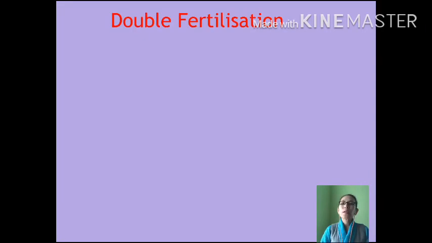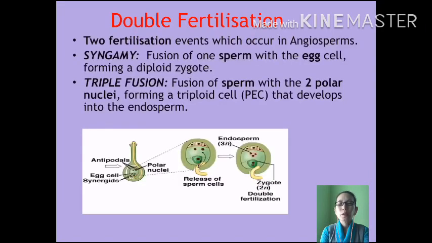All right, let us now look at the process of double fertilization in angiosperms. As we all know, fertilization here is very unique since it involves two fusions at a time. Out of the two male gametes, one male gamete fuses with the egg cell, or the female gamete, and this typical fertilization is called syngamy.